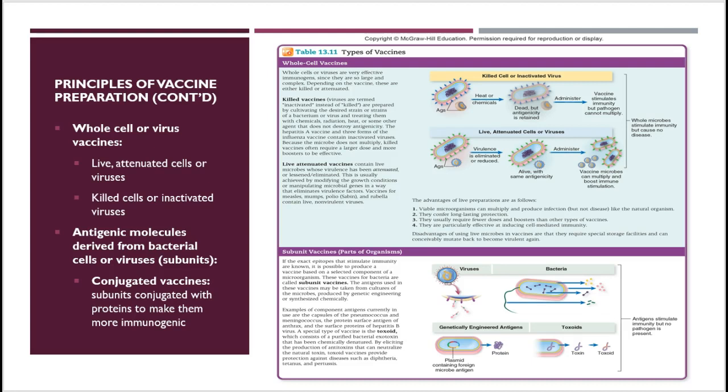They are alive or active, so they're able to reproduce and multiply, which is really an advantage because our immune cells are going to respond as they would if the cell or the virus were in its wild form and still possessed those virulence factors that are going to cause severe disease.